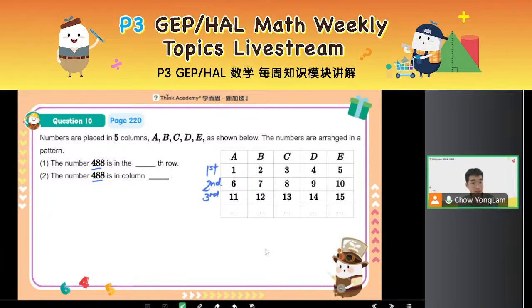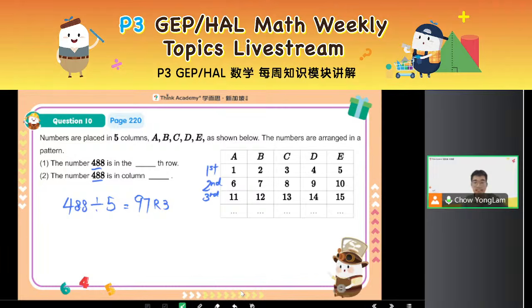So of course, to find out how many rows you need before you reach 488, you will just divide by 5. Every row has 5 numbers. By the time it reaches 488, how many rows are we done? 488 divided by 5. What is 488 divided by 5? 488 divided by 5 is 97, remainder 3.